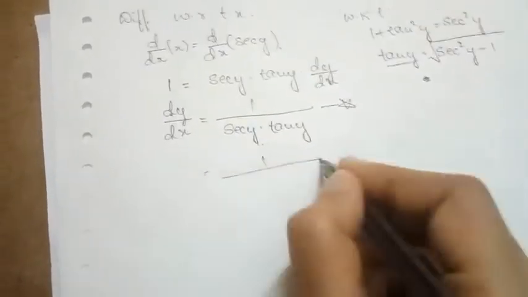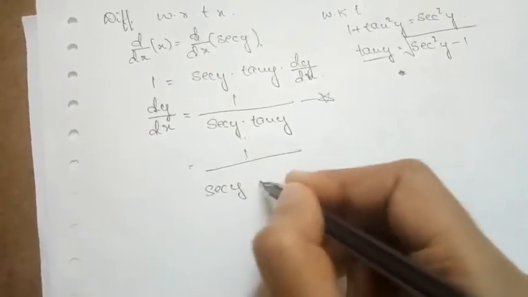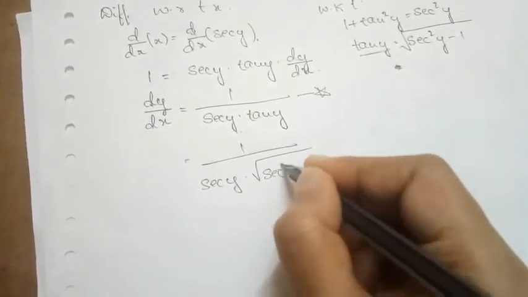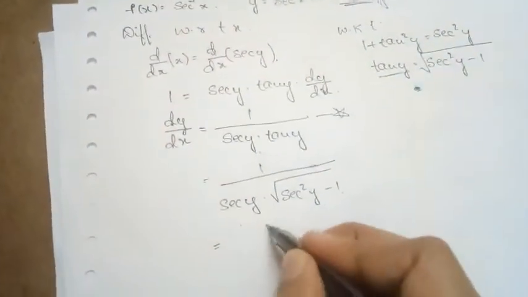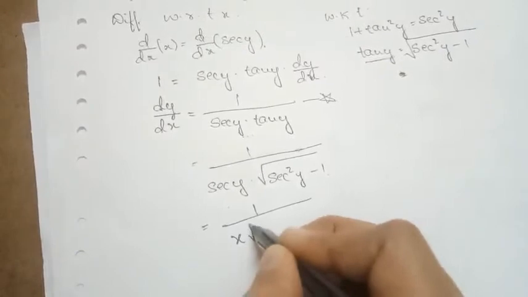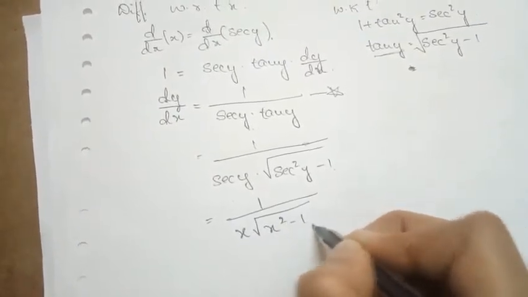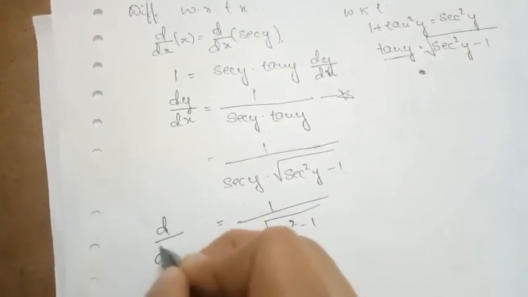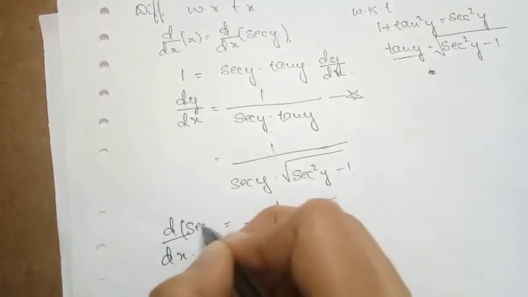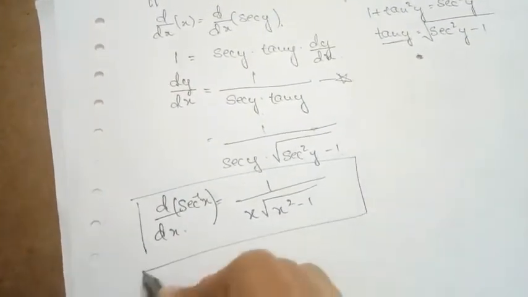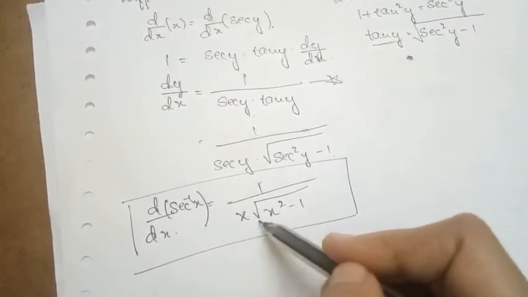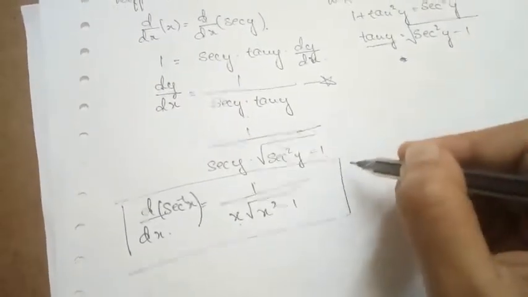What happens? 1 divided by secant y into tan y, where tan y is replaced by the square root of secant square y minus 1. Since secant y is equal to x, we get 1 divided by x into the square root of x square minus 1. So the derivative of secant inverse of x is 1 divided by x into the square root of x square minus 1.